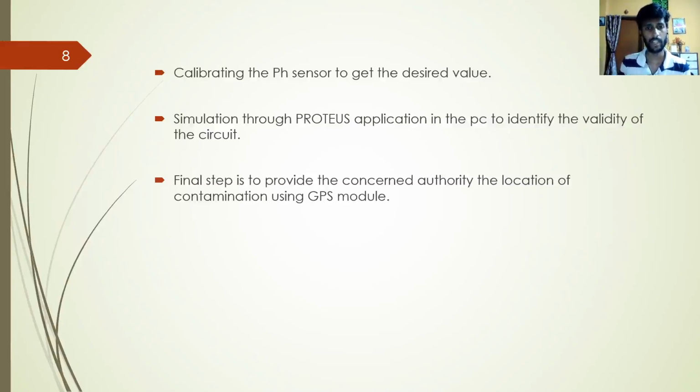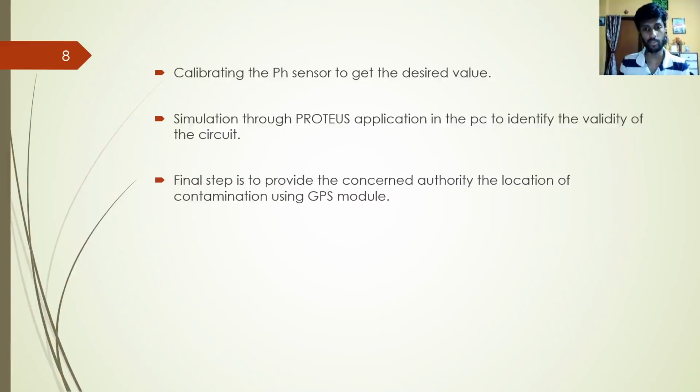After this, the final step would be to inform the concerned authority of the contaminated location through the GPS module. This is one of the best steps, as if someone in a housing society is affected by contamination, he or she will not know how to check whether the water is in fact pure or not.